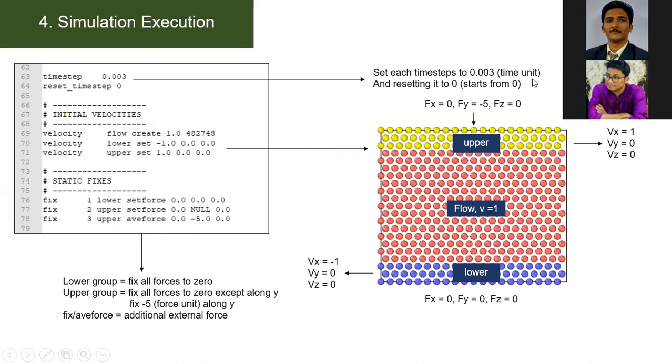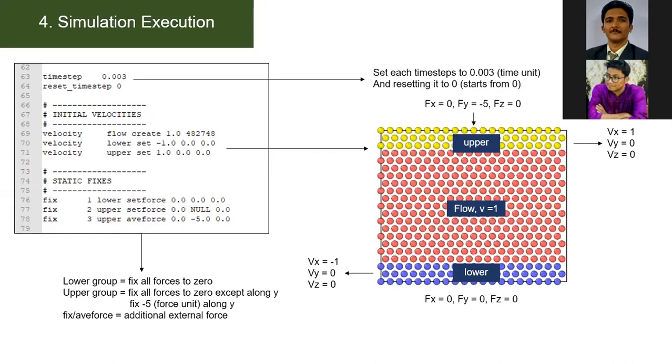Again, this is in a time unit, and as this is LJ units, it will be in the time unit of LJ. And I am setting the time to 0, which means it will start from 0. And why do we need this? Sometimes we need to run minimizations on the simulation to minimize the structure and then work with it. When we run the minimization, it already expends some steps.